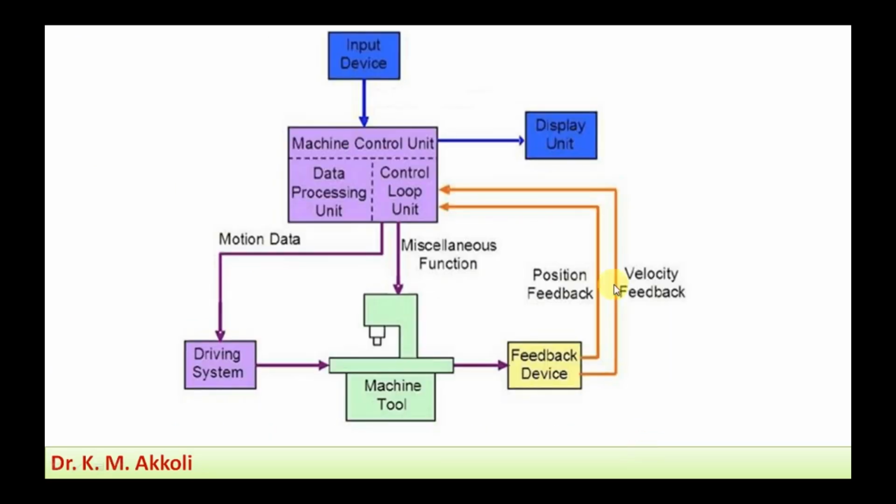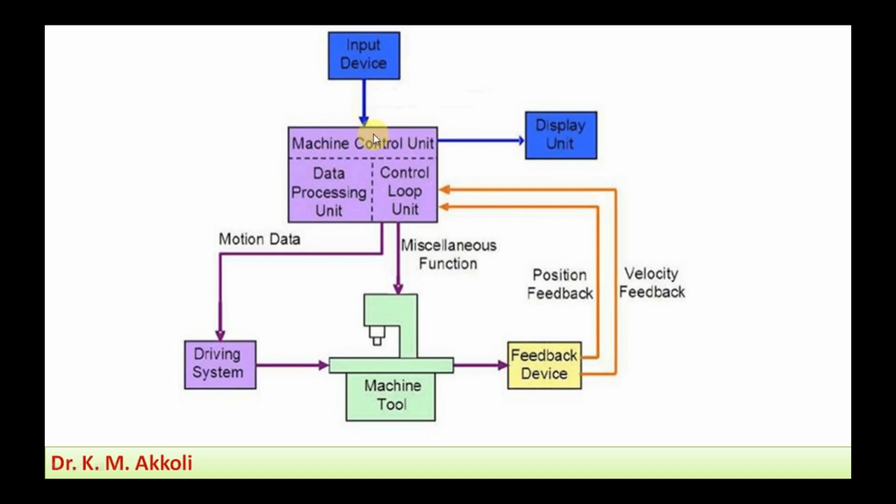Here is the arrangement of this computer numerical control. It consists of an input device, and what we give as input is a part program, the computer program, which is in alphanumerical codes that are to be understood by the computer and displayed here.